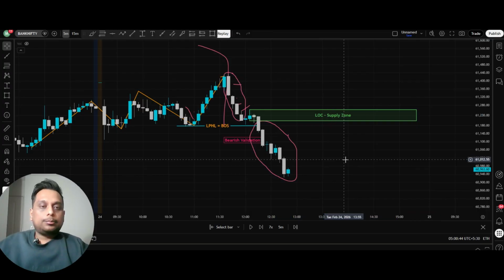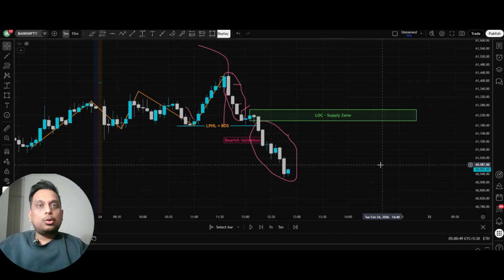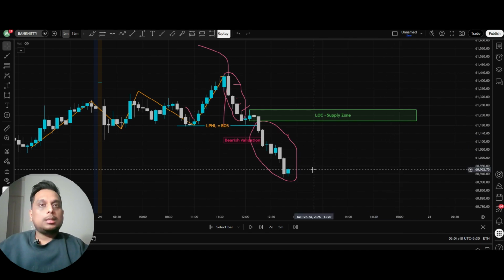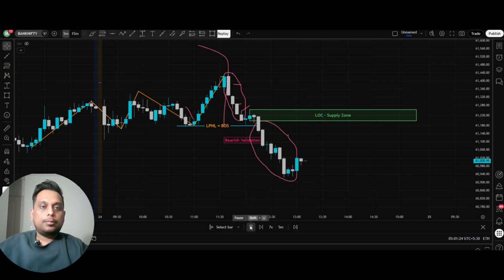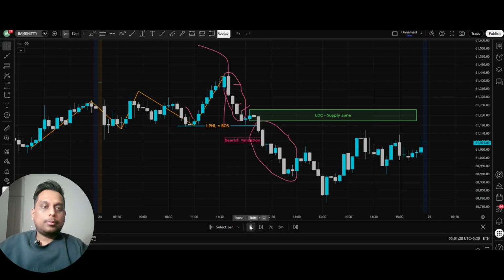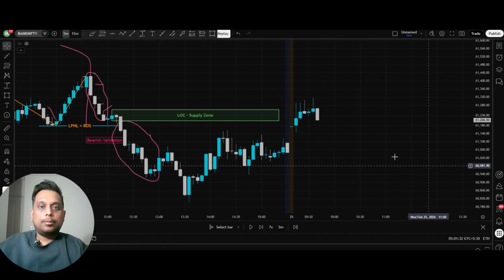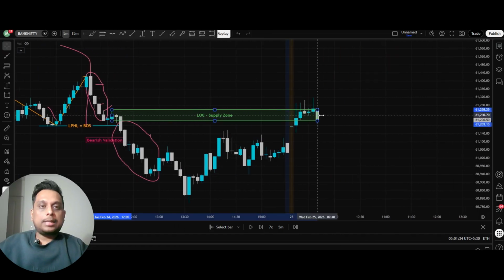All right. So now we are going to wait patiently for the market to come back to our retest zone, our supply zone. Let me run some candles and see if the market came back to our retest zone. Okay, let me extend it a bit further.